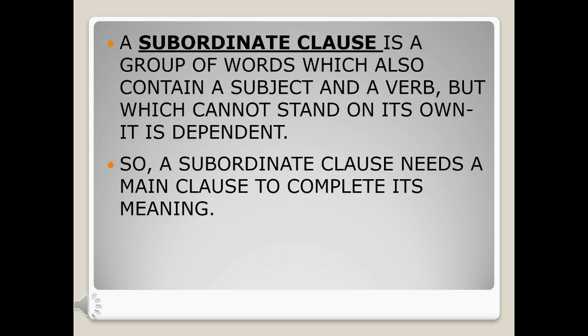Now, what is a subordinate clause? A subordinate clause is a group of words which also contains a subject and a verb, but which cannot stand on its own. That means it is dependent.